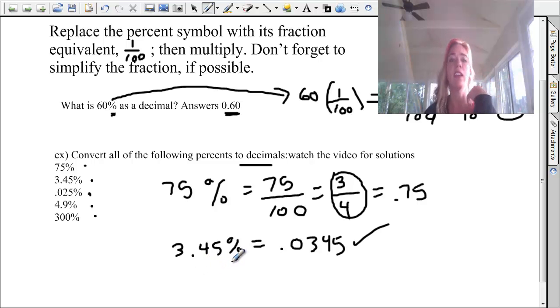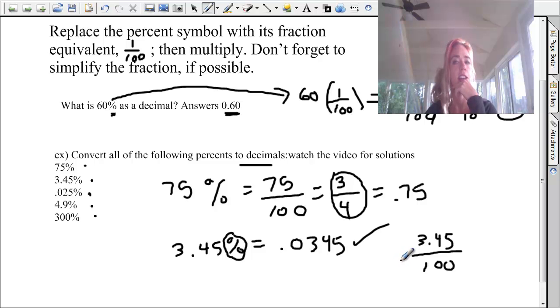But another approach to that would be to write the percent symbol as per 100. So I could say 3.45 per 100. And then I'm just kind of thinking of an alternative path.